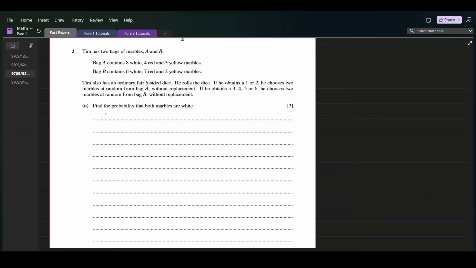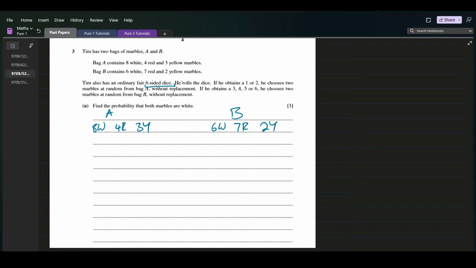Okay, so we've got bag A and bag B. In bag A, we've got 8 white, 4 red, and 3 yellow marbles. And in bag B, we've got 6 white, 7 red, and 2 yellow marbles. And we're told that Tim has an ordinary fair 6-sided die.